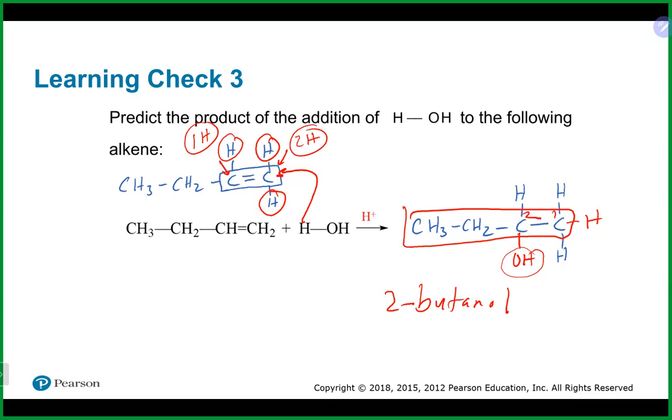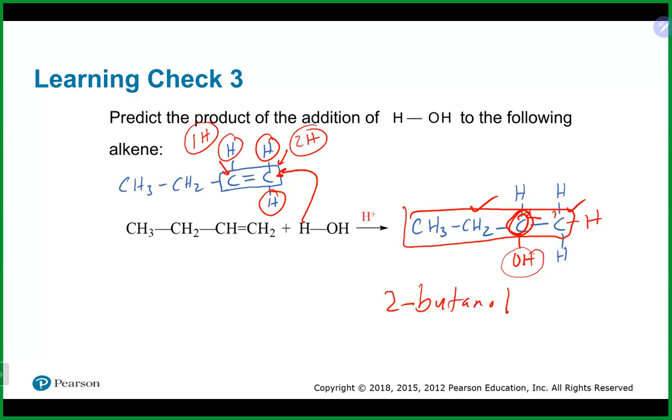So that would be 2-butanol. Primary, secondary, tertiary alcohol. It is a secondary alcohol, right? That carbon where the OH group is attached has 2 carbons directly attached to it. So we would be looking at this carbon that has 1 and 2 attached to it, which would make it a secondary alcohol in this case.